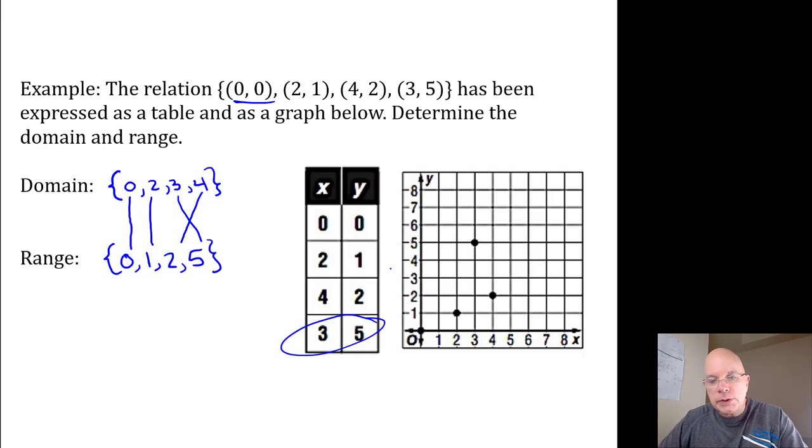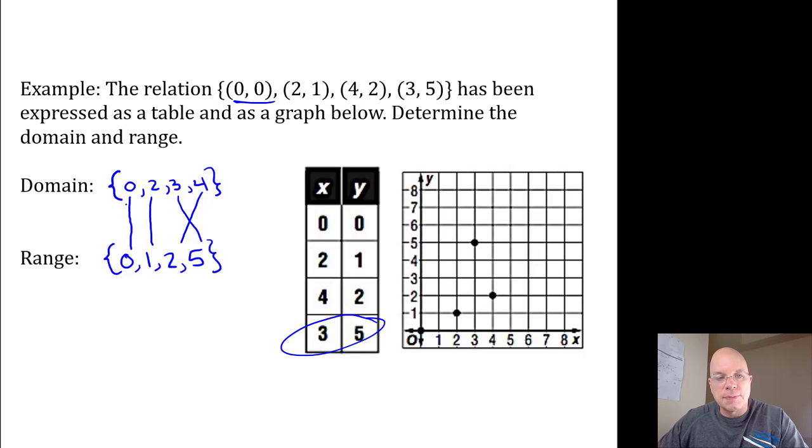So this could be me going on a diet and how many pounds I lose each week. When I start my diet at 0 weeks, I lost 0 pounds because I haven't lost anything immediately when I start. But after 2 weeks, maybe I lost 1 pound. After 3 weeks, maybe I lost 5 pounds. And then after 4 weeks, maybe I lost 2 pounds.